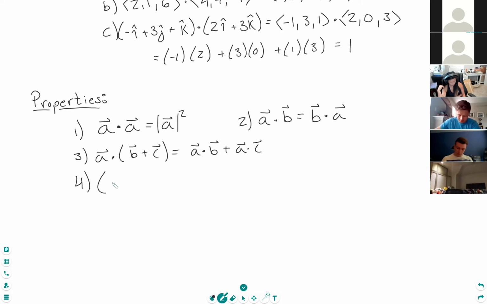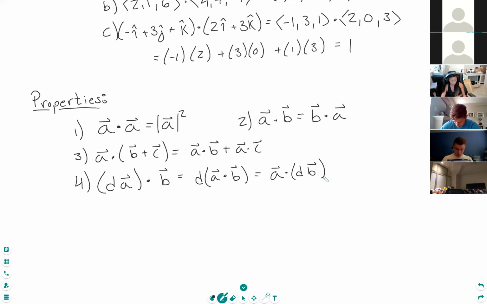4 is if I have a scalar, which we'll call D, and it's multiplied on a vector A, and then now I dot this with the vector B, I can write this in 2 different ways. I can write it as D times the dot product of the 2 vectors, or I could write it as the vector A dotted with the quantity of the scalar D times the vector B. So it doesn't matter when we multiply that scalar value.